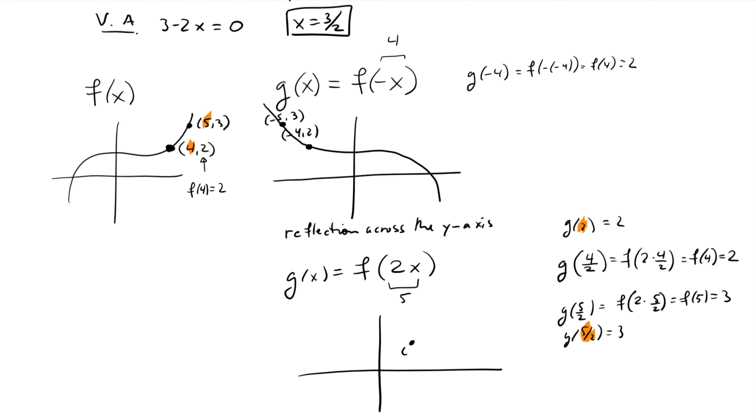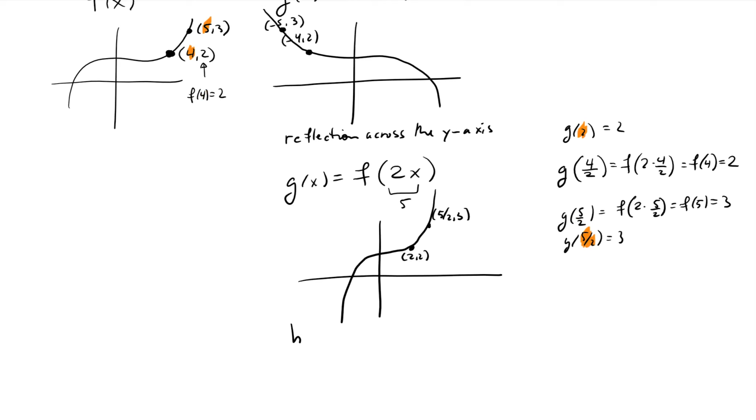So we'll have (2, 2) here. We'll have (5 half, 3) here. So the graph will be sort of compressed. Everything will tend to get closer to the y-axis, all by a factor of 2. So this is what we call the horizontal compression by a factor of 2.